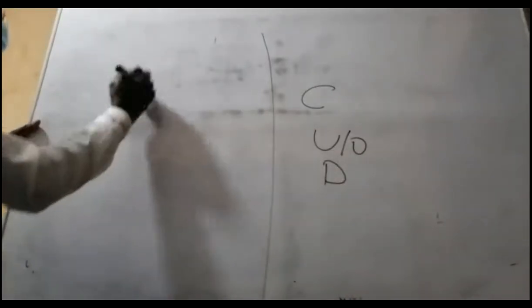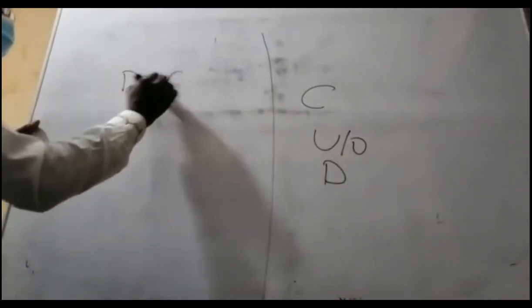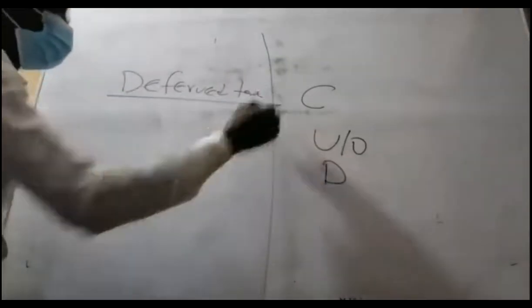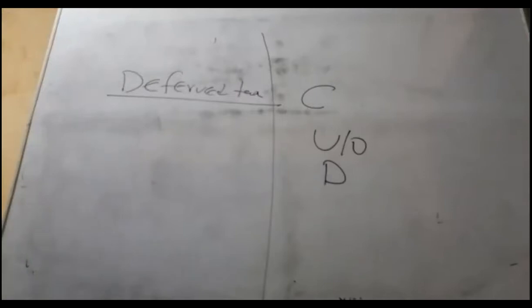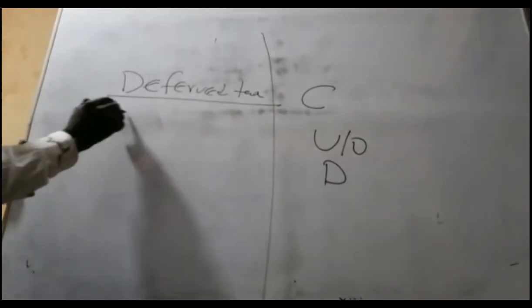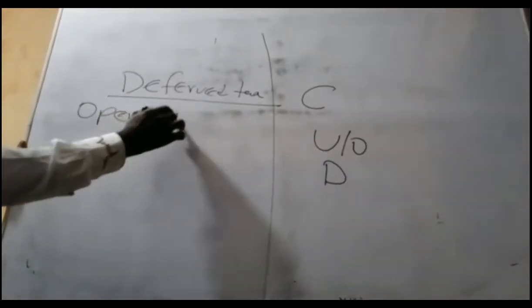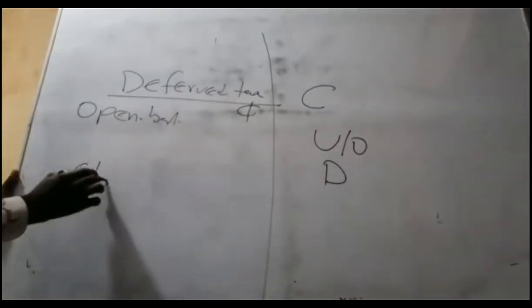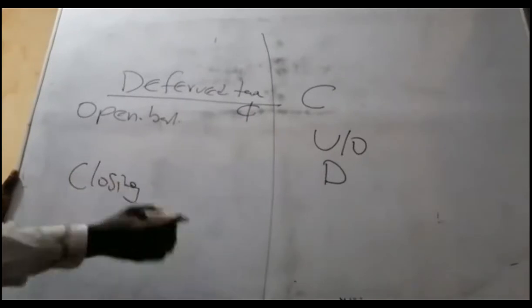Within workings, I'll write deferred tax. The opening balance, you have to go and look for the figures, and then the closing balance. I'll leave it.